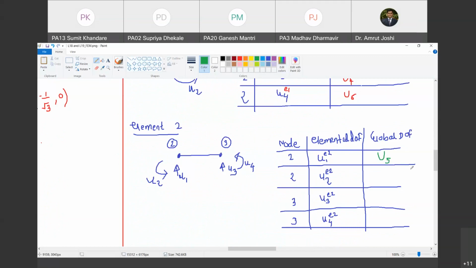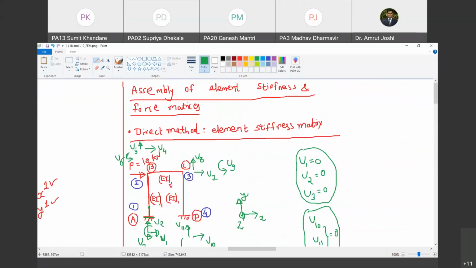Are you with me? Yes, sir. Okay, and then what else? U6. So this second degree of freedom maps to which degree? U6, right? Where is U6?